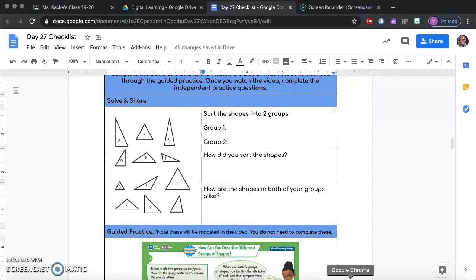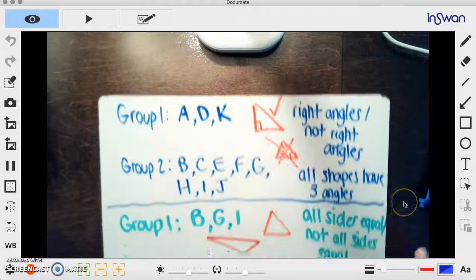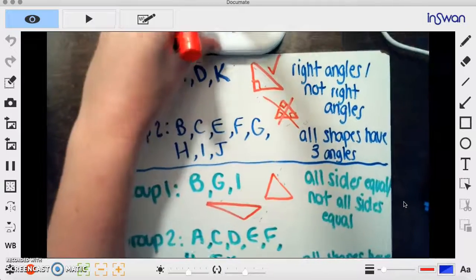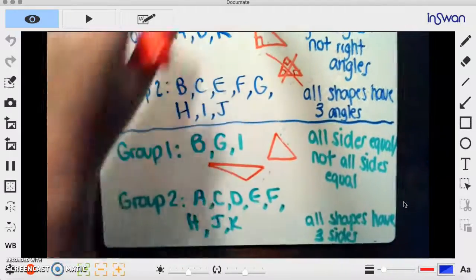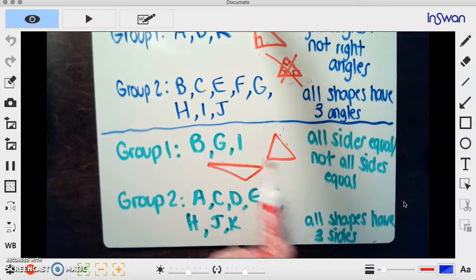Another way I could choose to maybe sort them is on their sides. So I'm noticing if I look at triangle B, triangle G, and triangle I, that all the sides of these are equal. So, if I'm looking at this, in B, G, and I, all their sides are equal.